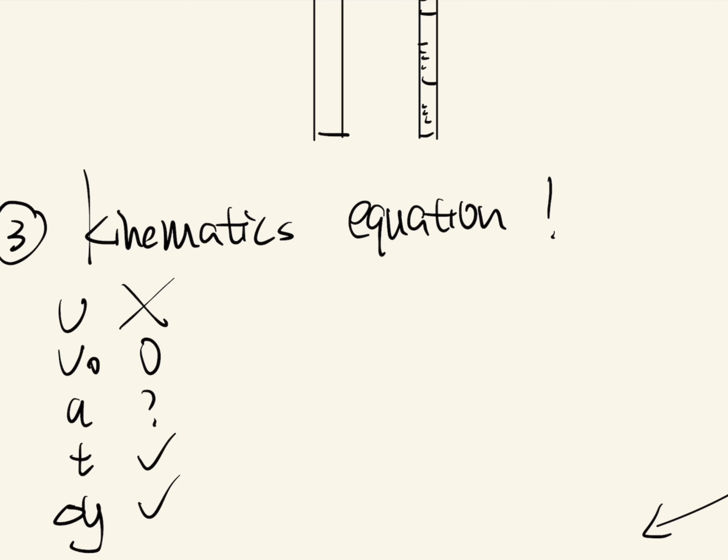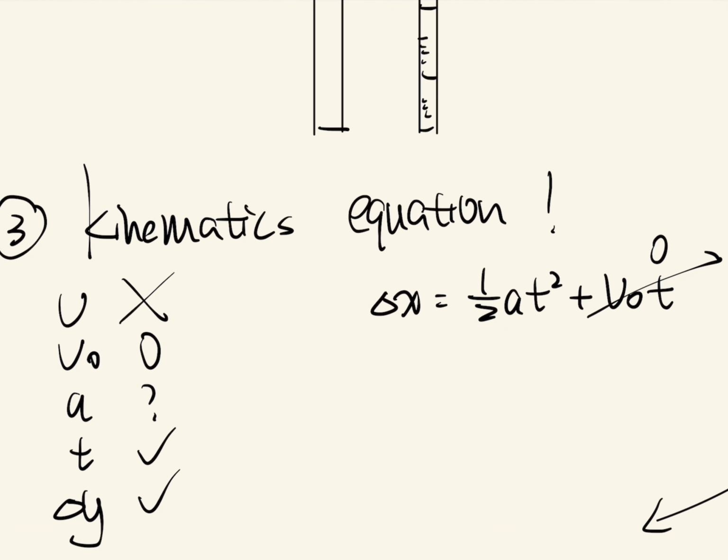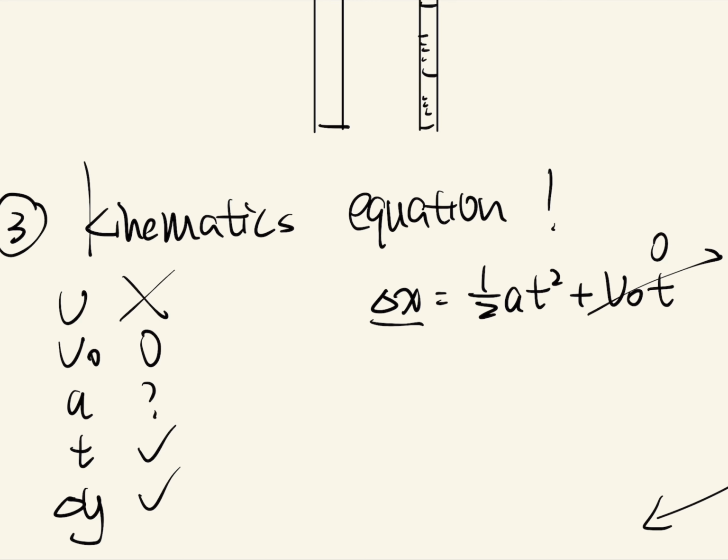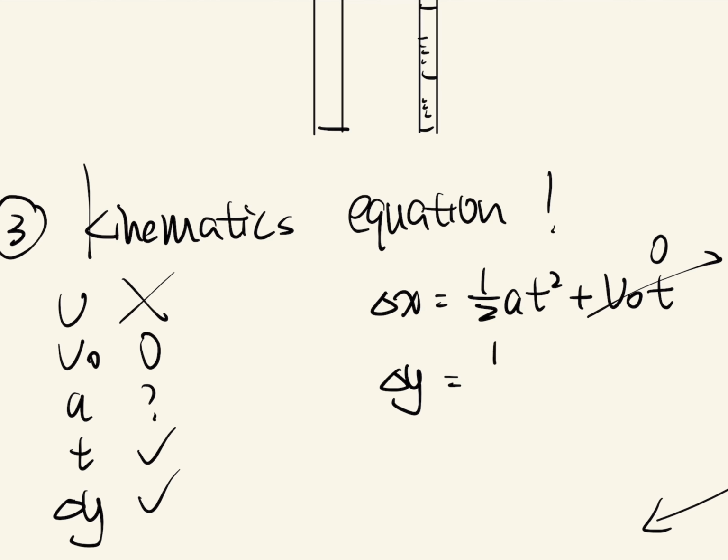Since we don't know the final velocity, the only equation we can use is the second one, which is delta x equals 1/2 a t squared plus v0 t. And we know that the initial velocity is 0, so we can cross off this term and write a 0. And the delta x just represents delta y here because it's vertical motion instead of horizontal motion. So delta y equals 1/2 a t squared.